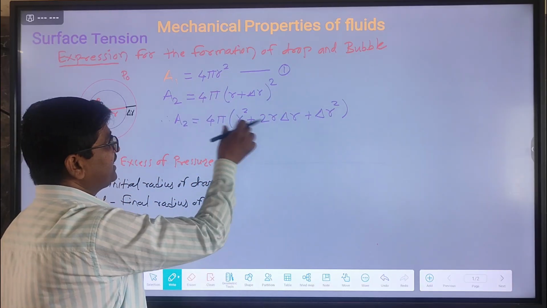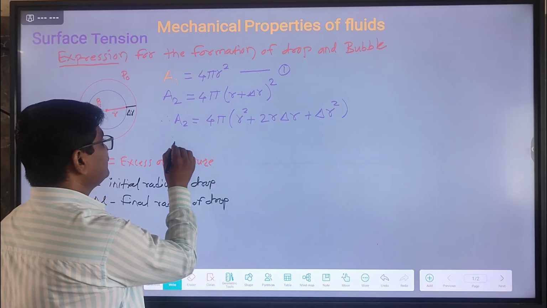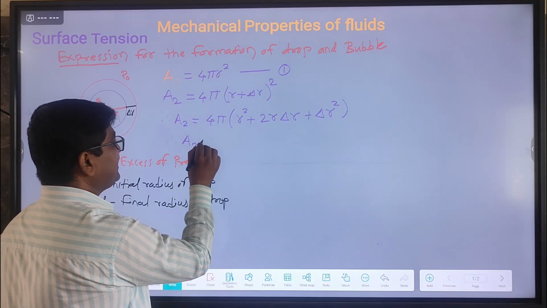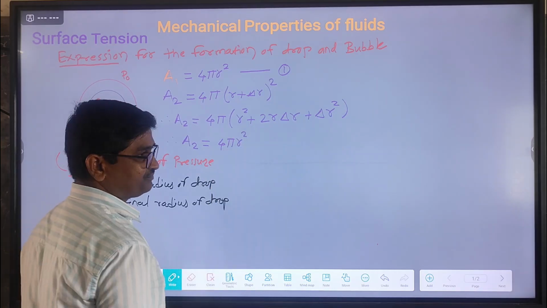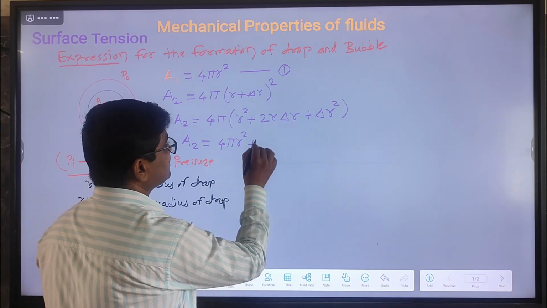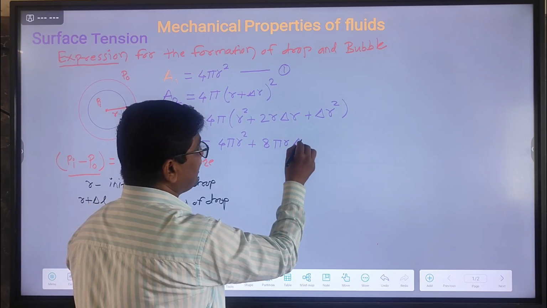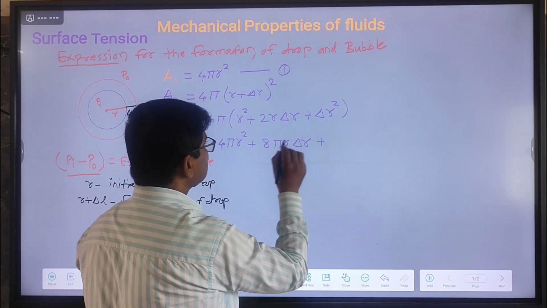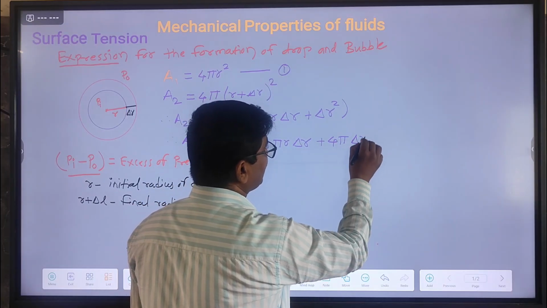Multiplying this bracket with 4 pi, the final surface area A2 is equal to 4 pi r square plus 8 pi r delta r plus 4 pi delta r square.